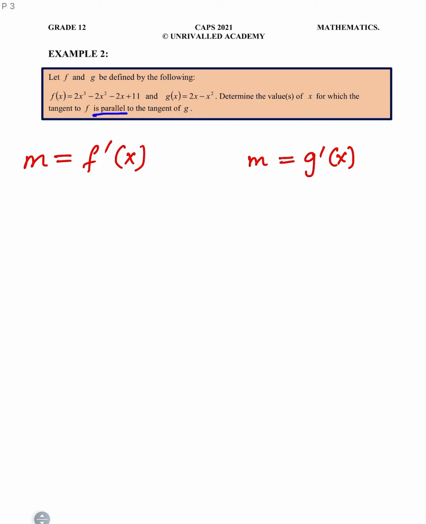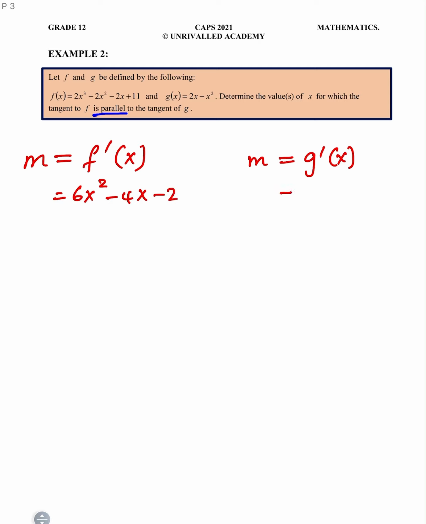Now I'm going to differentiate f and g respectively. If I differentiate f, this will leave me with 6x squared minus 4x minus 2.